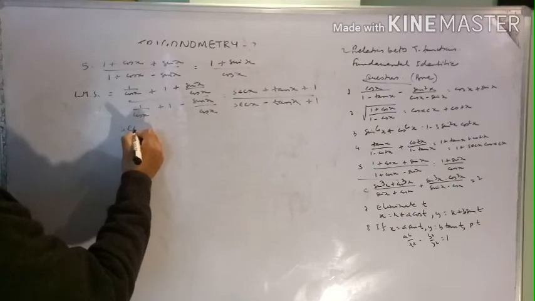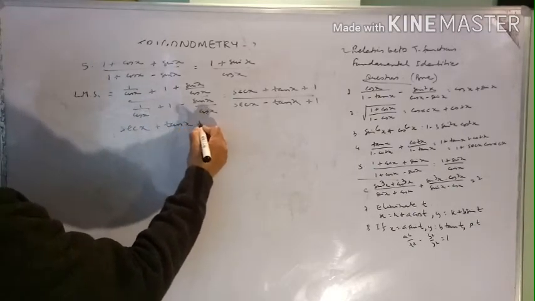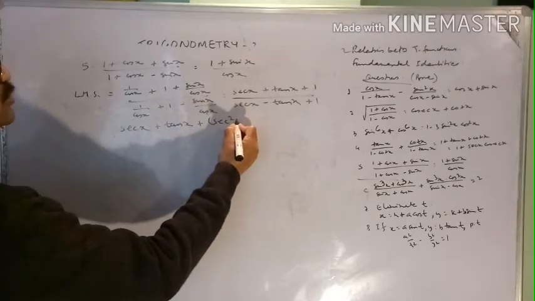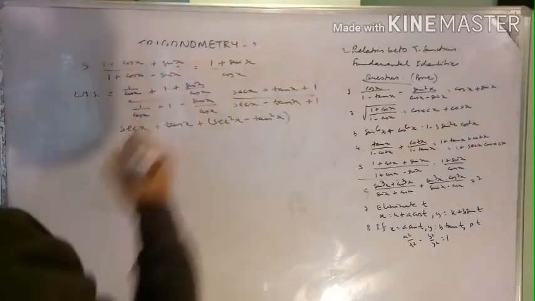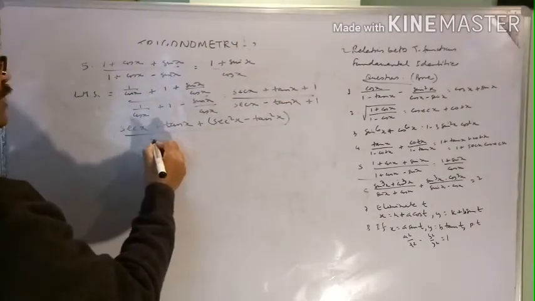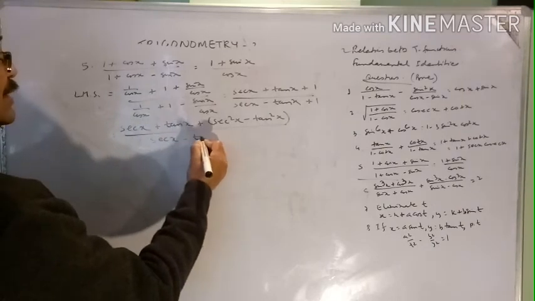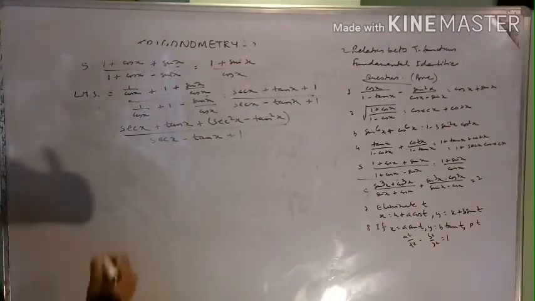We have sec x plus tan x plus sec square x minus tan square x, whose value is 1. And the denominator we write as it is, because we need to cancel this: sec x minus tan x plus 1.